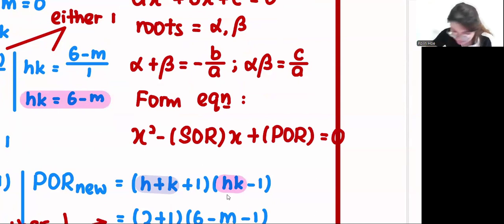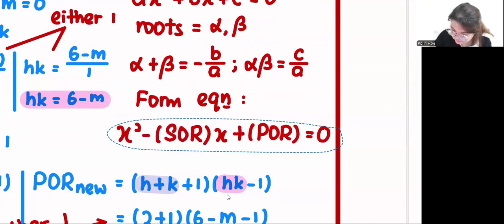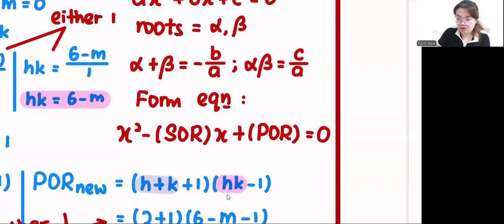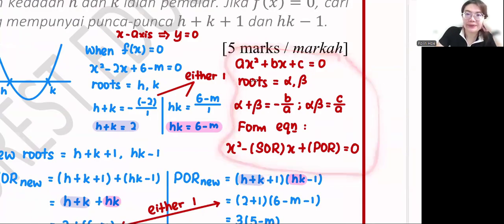X plus product of roots equals to 0. This is the second part of your chapter 2.1. 这个是它的 notes. As long as you can understand this part, then you are doing good for SOR, POR. All the theories are there already.